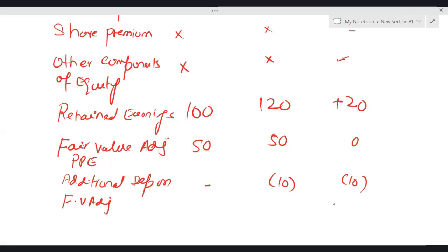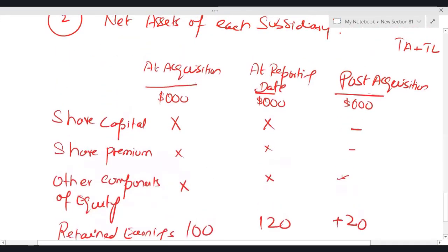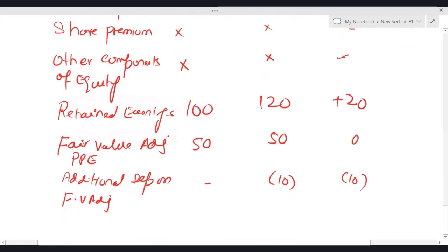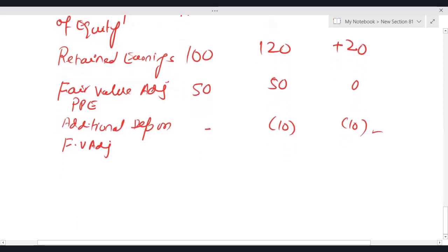Assuming additional depreciation is coming 10, it will be deducted from net assets at reporting date. And then we'll be having a negative impact in the post acquisition as well. What else? There's a possibility that you're having a fair value adjustment in land, a non-depreciable asset, assuming it is 20, 20, no difference.